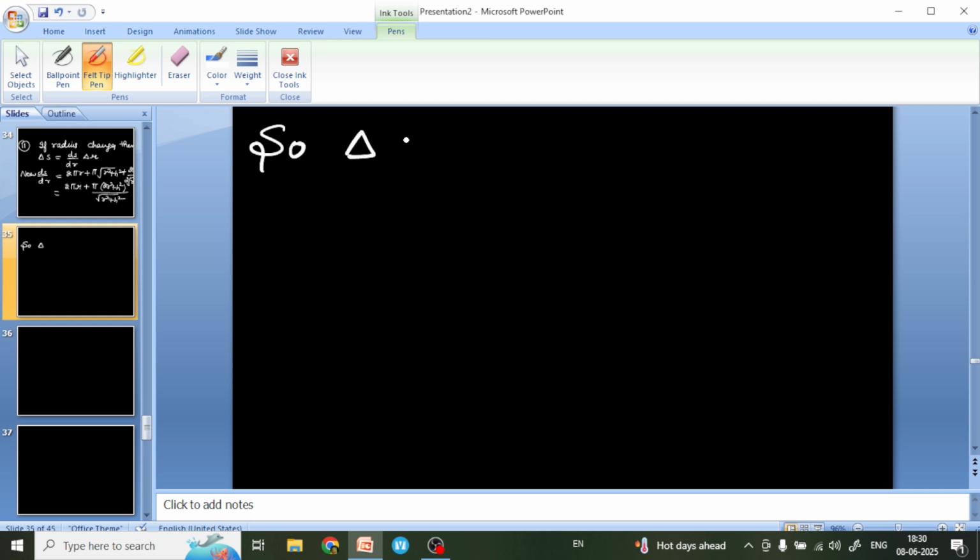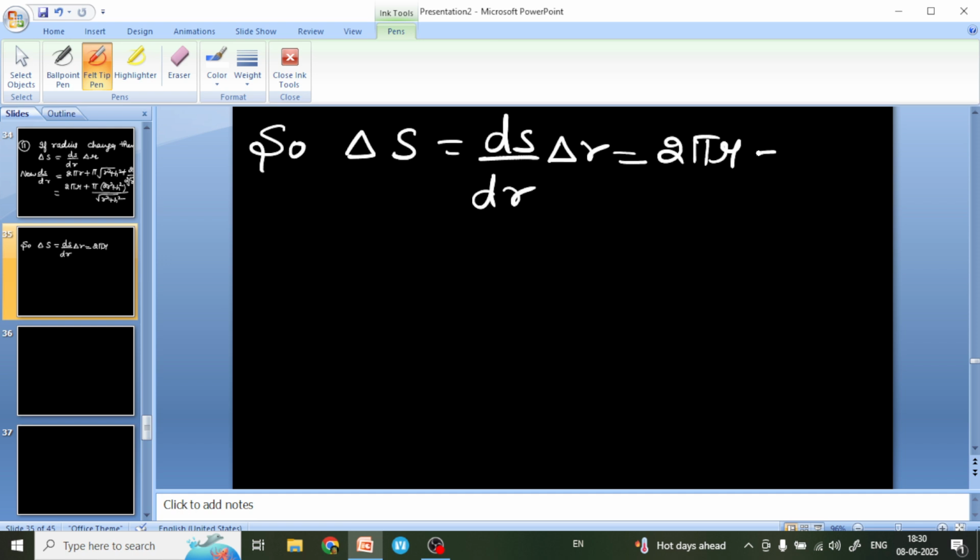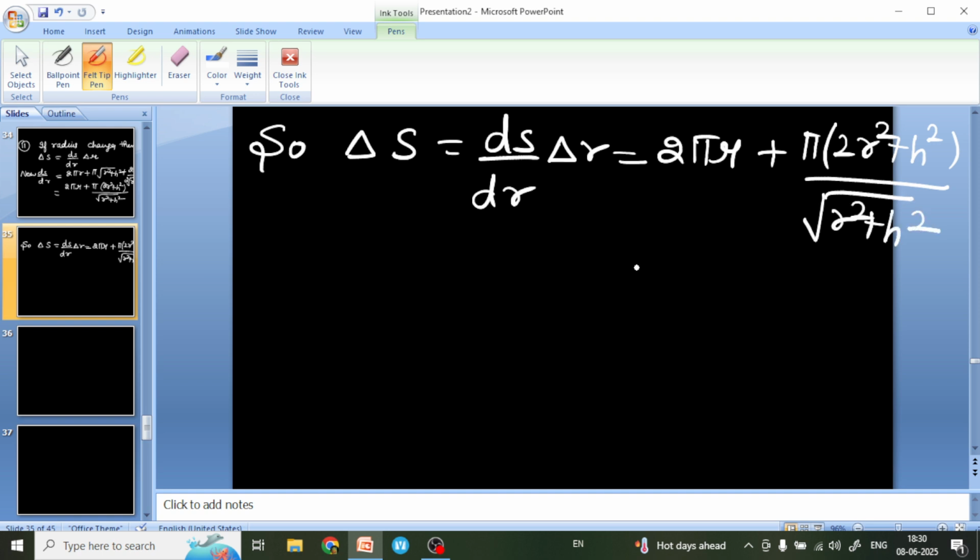So delta S is equal to dS over dr delta r, which is 2 pi r plus pi into 2 r square plus h square over square root of r square plus h square into delta r approximately.